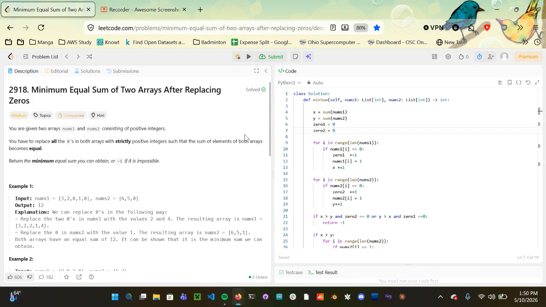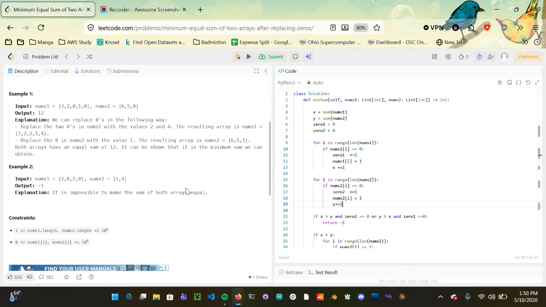Let's go through it. What I did is I got the sum of both of these lists, nums1 and nums2, and the number of zeros in each. We replace every zero in nums1 and nums2 with 1 to get the minimum case, right?